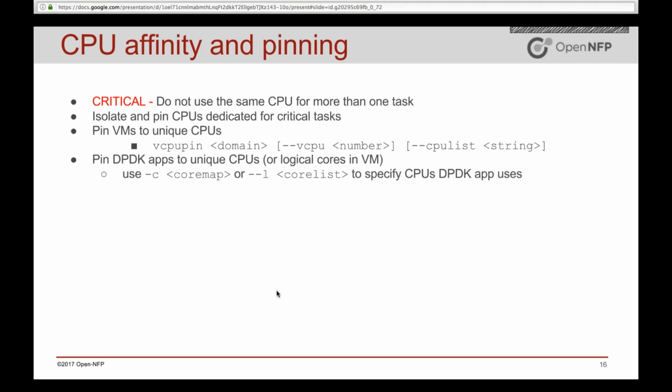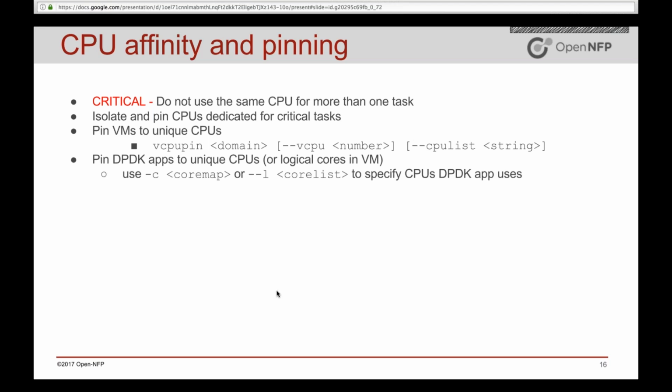So there's two parts to this. Actually, there are multiple parts to this. As you'll see as we go through the details, you're going to have to partition the CPUs, and you're going to have to pin some of the applications and the VMs to unique CPUs.